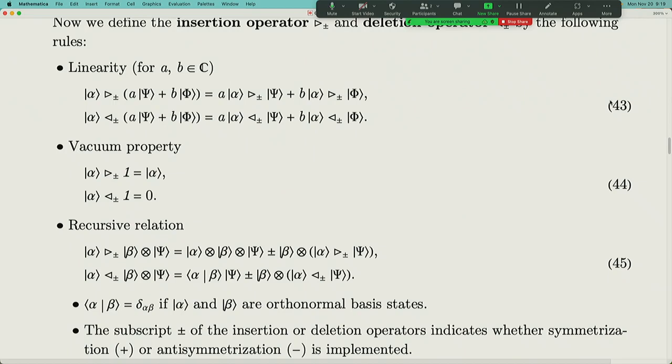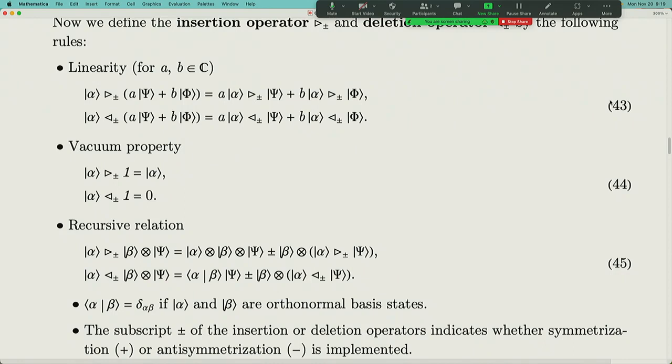It is very similar in physics; we are going to do the same thing. If you want to delete a state alpha, you first need to find it. How to find it? You first need to compute the inner product, because this scalar product describes whether the 2 states are identical or distinct, right?